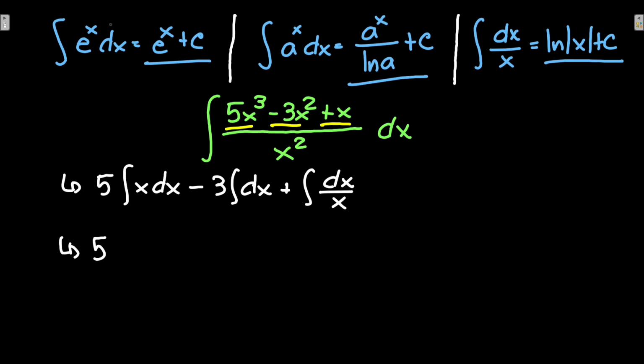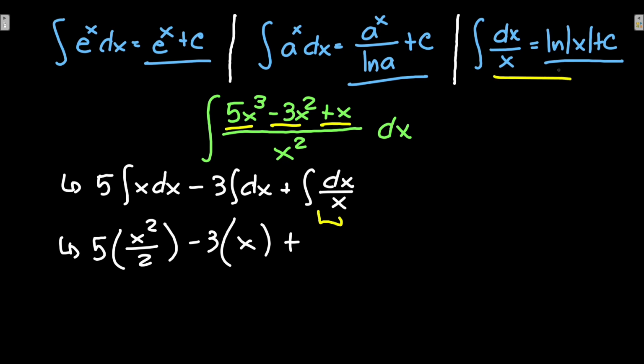For this first part, know that the integral of x by the power rule would be equal to x squared over 2, minus 3 multiplied by the integral of dx, which is simply x, plus the integral of dx over x, which is this.